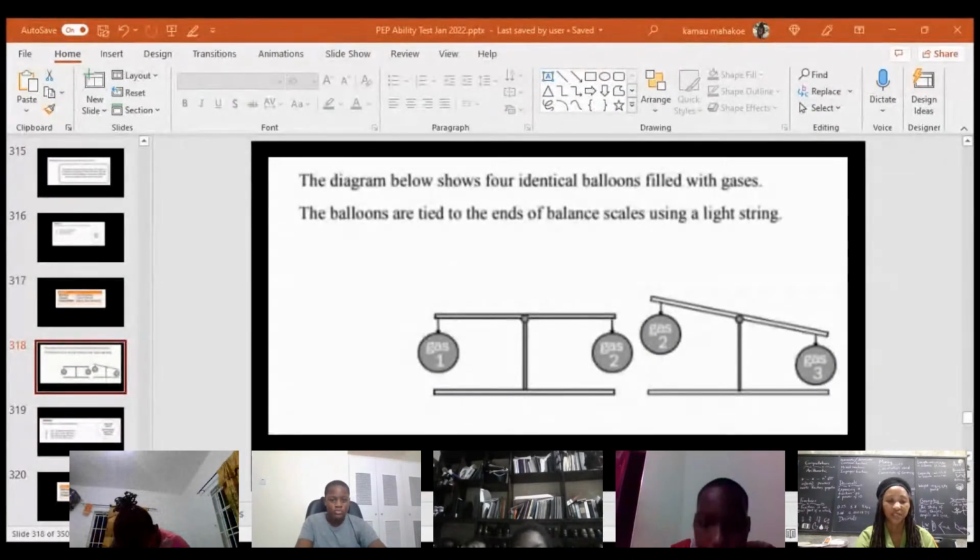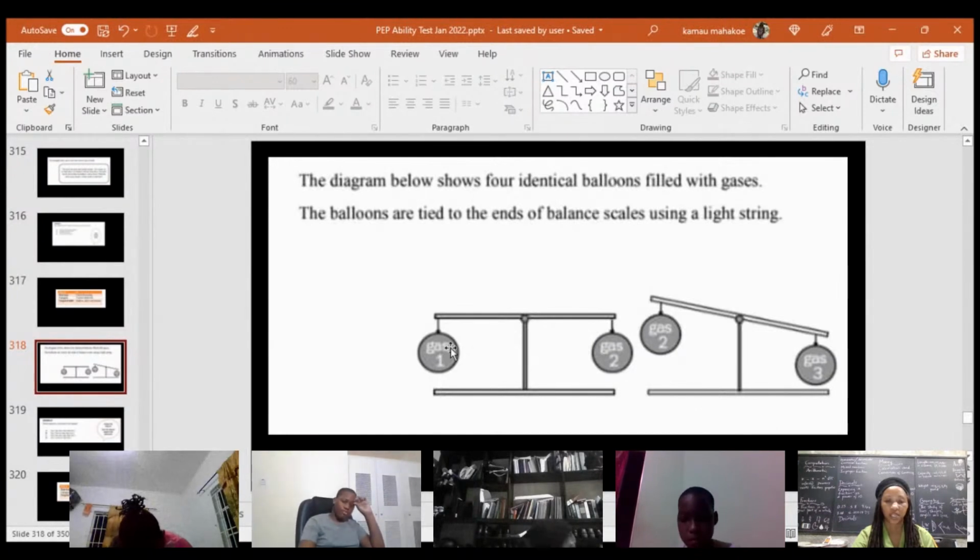All right, so study those diagrams for a while. So each of these is a balloon. 1, 2, 2, 3. So these two are the same balloons and they are tied to the ends of balance scales. So what do we know about a balance scale?